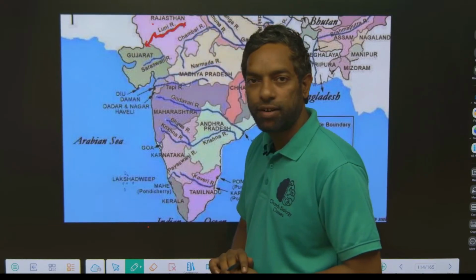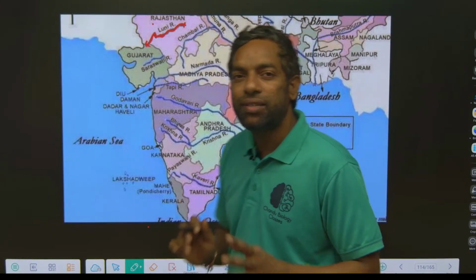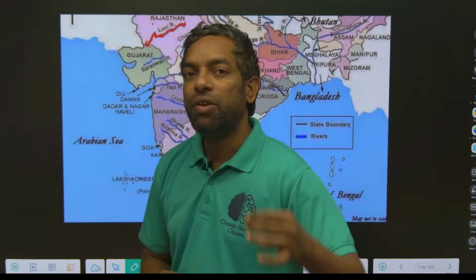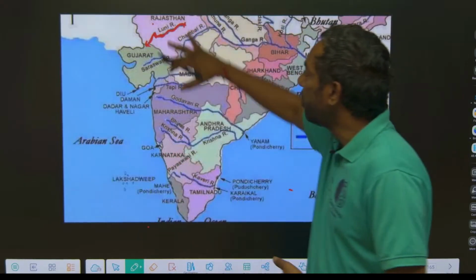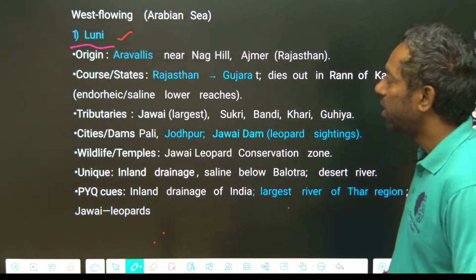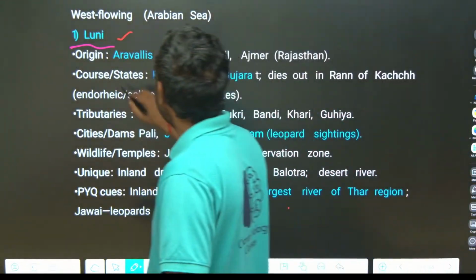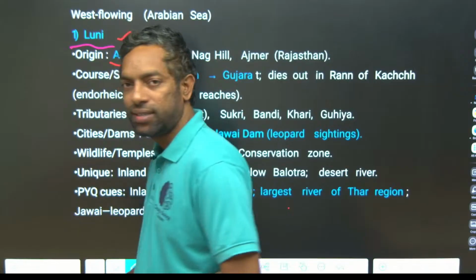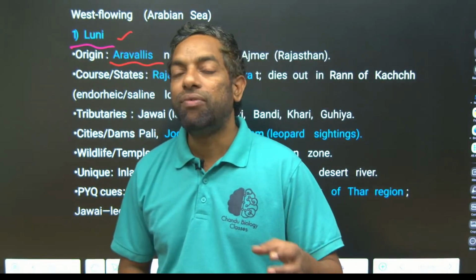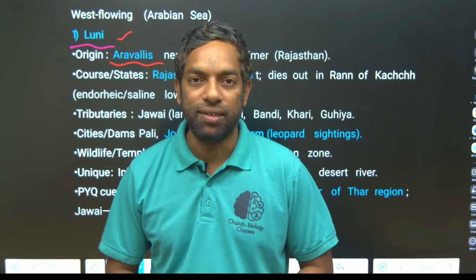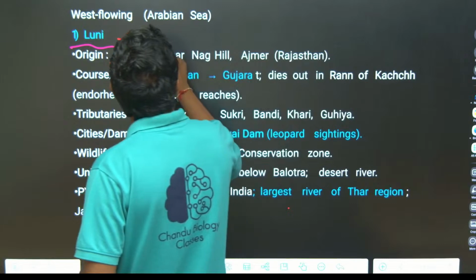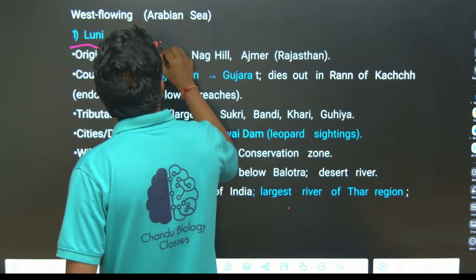So it is one of the peninsular west flowing rivers. We are going to discuss the Luni river. Where does it originate? In the Aravalli ranges. The Aravalli ranges are the most old mountain ranges, guys.